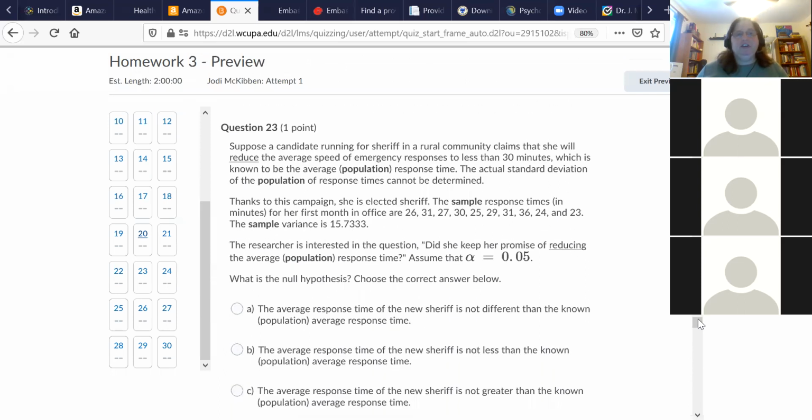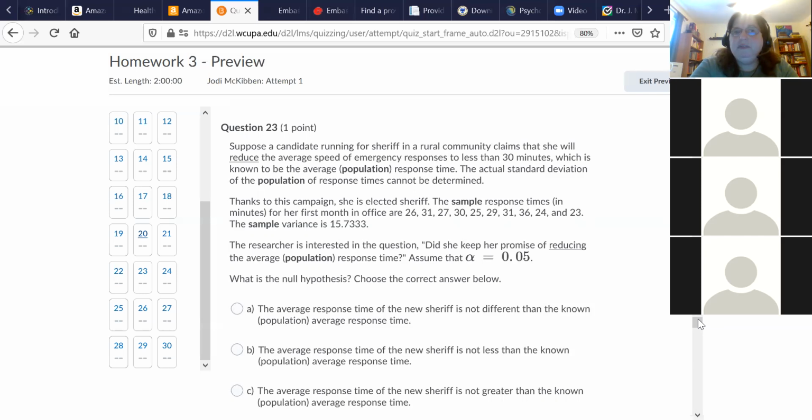Now let's take a look at the 23 setup. Suppose a candidate running for sheriff in a rural community claims that she will reduce, so we're looking for a reduction, the average speed of emergency responses to less than 30 minutes, which is known to be the average population response time. So what's 30 here? What is 30 represented by?